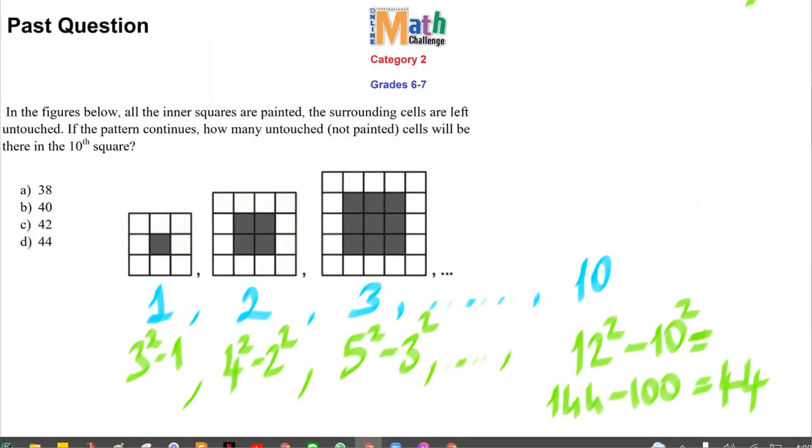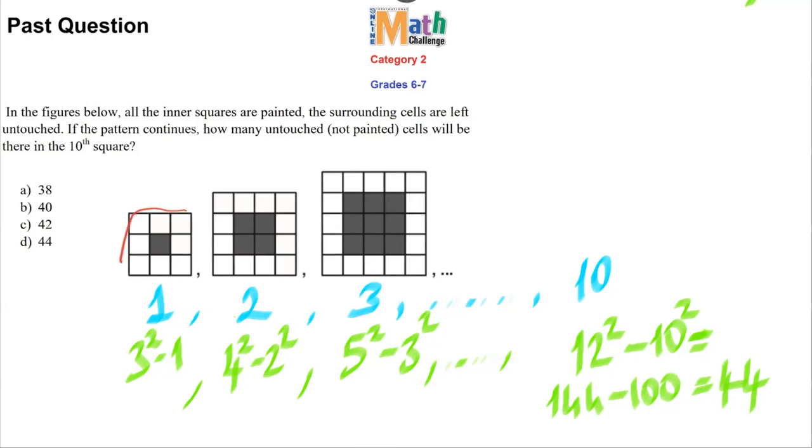The second question is related to finding a pattern and calculating a certain term. So when we check these squares carefully, in the first one, it is a 3 by 3 square and 1 square in the middle is shaded. So unshaded is 3 times 3 minus 1 times 1.